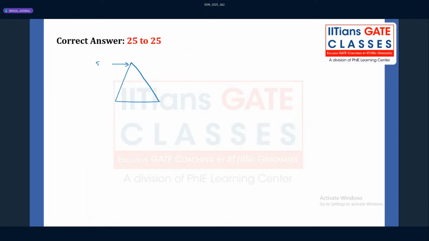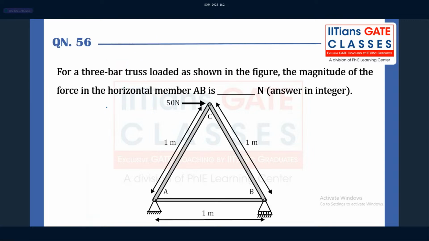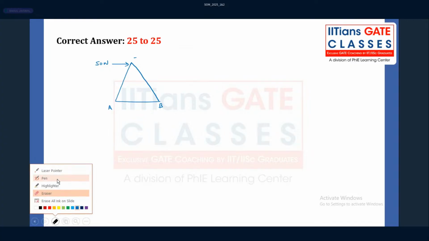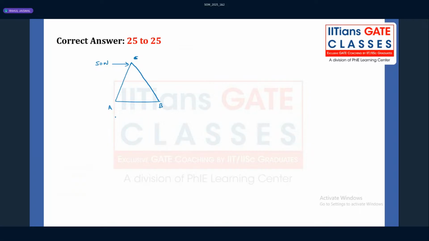The horizontal load of 50 Newton is acting at A. One support is basically a hinge support and another is a roller support.